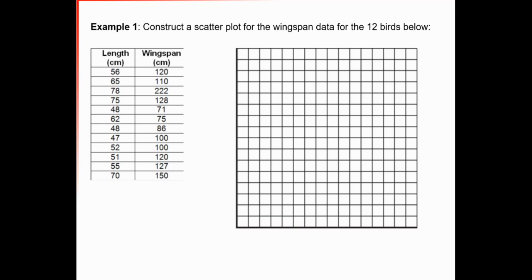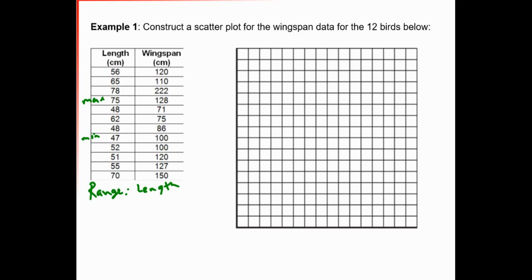So the range, in this case, is the highest I think we can find, a max of 75 and a minimum of 47. And this is for the range of length.